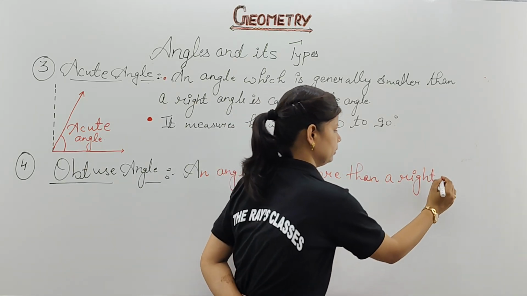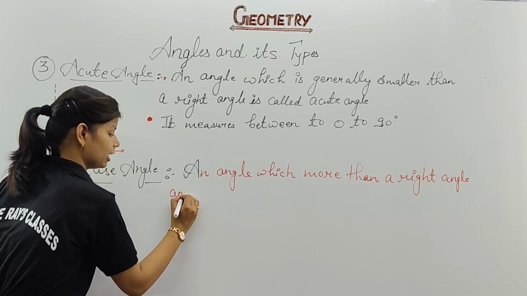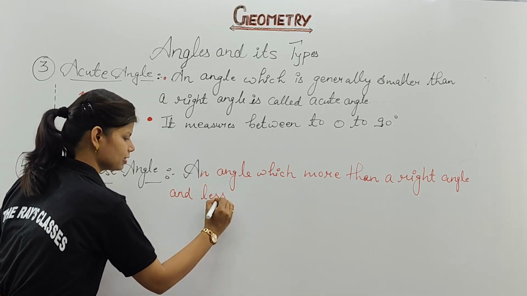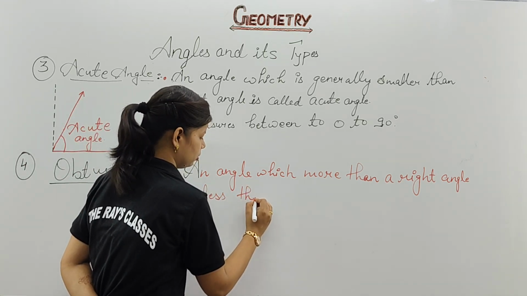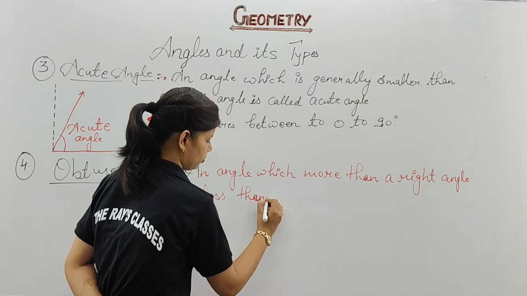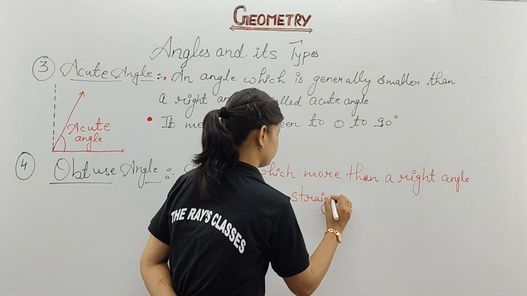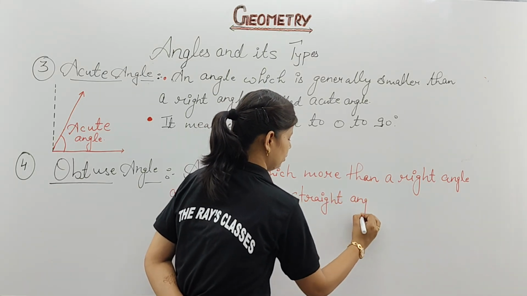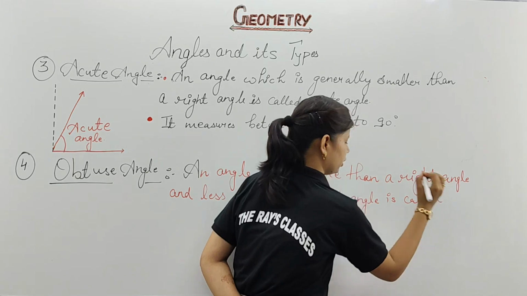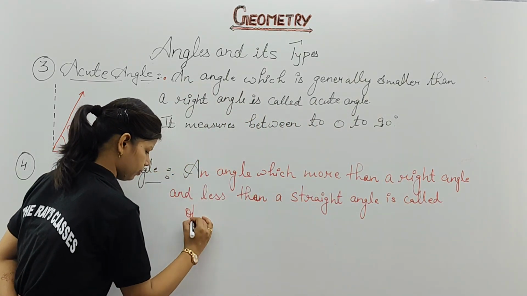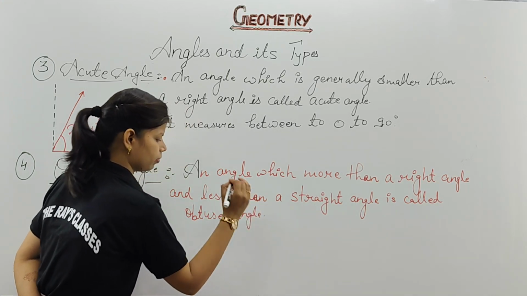I have already explained. Less than which angle? Can you please guess which angle it is less than? Okay. And less than a straight angle. That means more than 90 and less than 180. That is called obtuse angle. Obtuse angle. Clear?